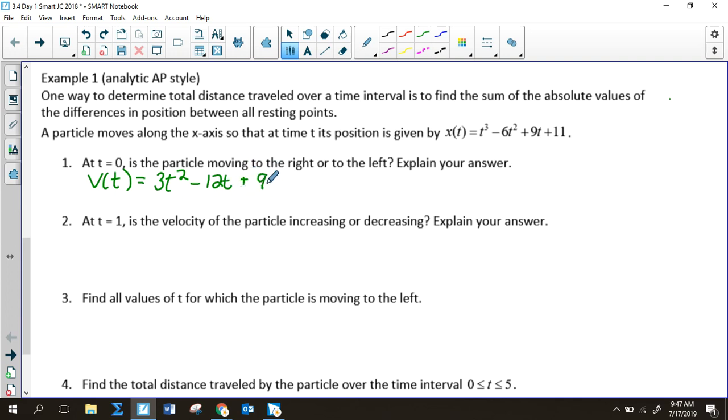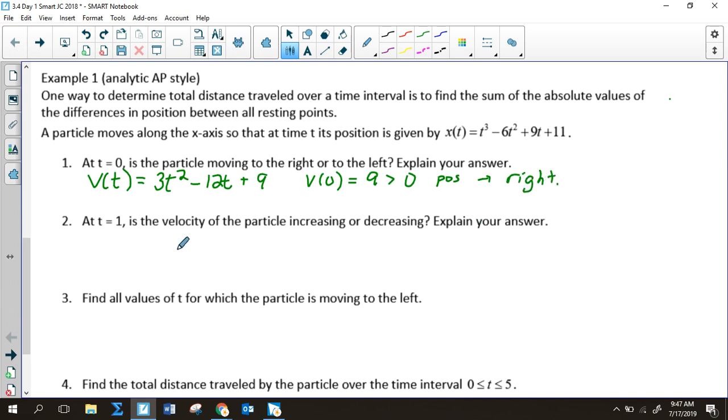We could simplify this, but all we really need is the value of the velocity at time equals 0, which is pretty easy to calculate from here. The velocity at time equals 0 is 9, which is greater than 0, so it's positive. Since the velocity is positive, the particle is moving to the right.